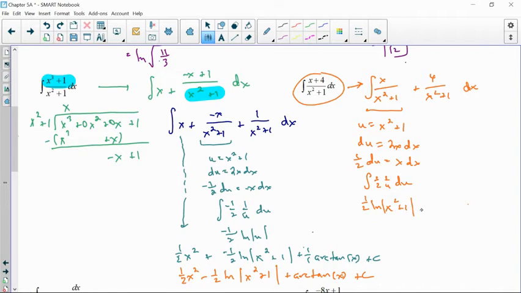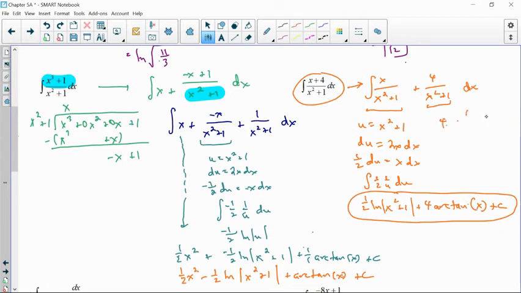And this is going to be plus 4 arctangent of x plus c. And again, it went a little bit quicker on that one, only because I know this would be 4 times 1 over x squared plus 1. So that 4 just goes in front, and our a value is 1.